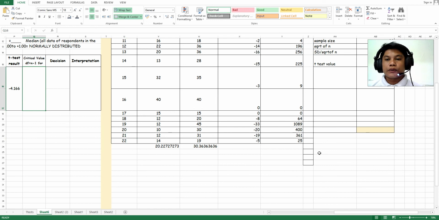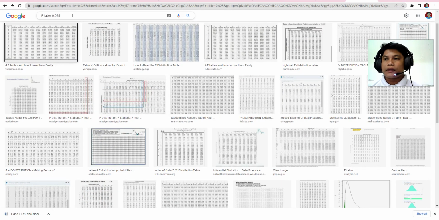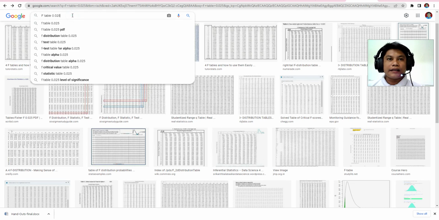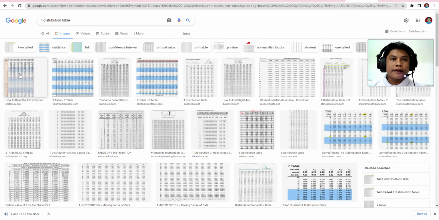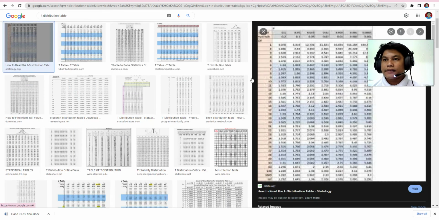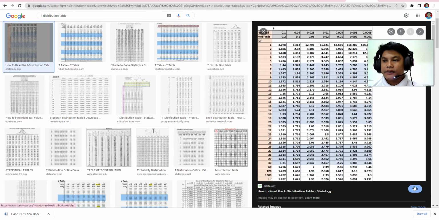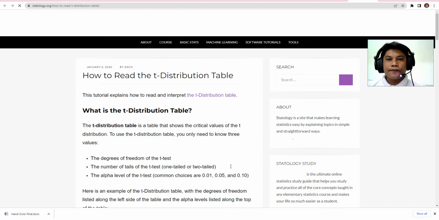So we go to the t distribution table. We'll find the table on the internet. We'll say t distribution table. We'll try this one and visit the Statology table.